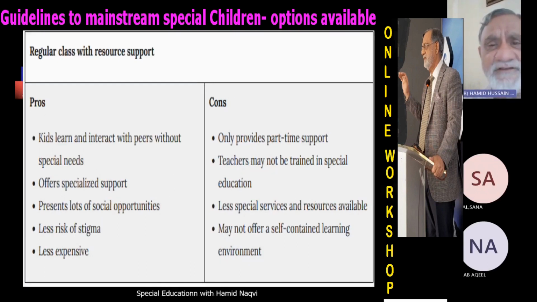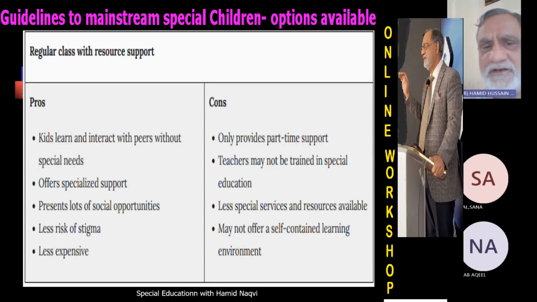Then there was another shade of part-time, in the part-time group. That was regular class with resource support. And what are its advantages? Kids learn and interact with peers without special needs, it offers specialized support, presents a lot of social opportunities, has less risk of stigma, and is less expensive.